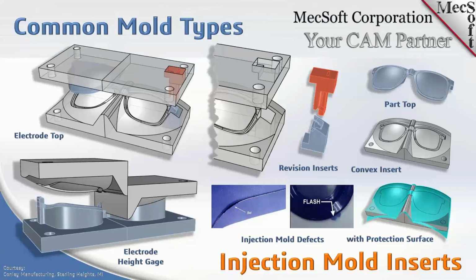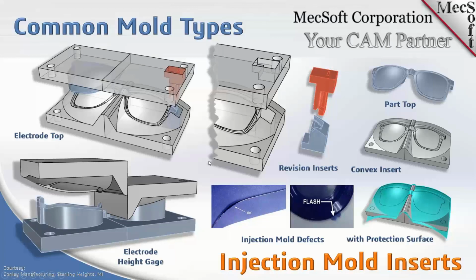But what you're left with is a perfectly formed cavity that you don't need any finishing on. As long as your graphite core is machined properly, that's exactly what you're going to see in the cavity.